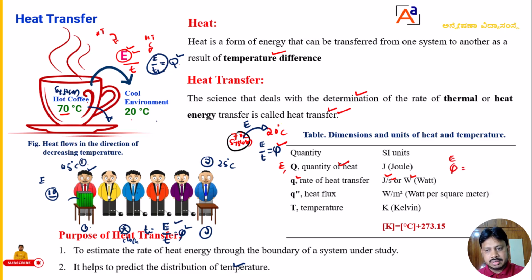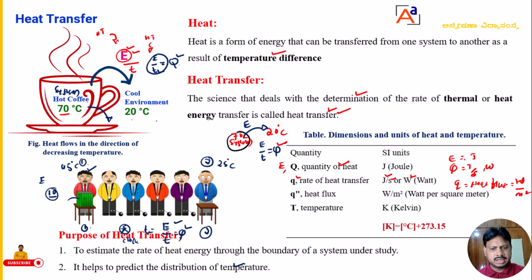Now what I will do, my notation: E is the energy, then Q is the rate of heat transfer per unit time, that is joules per second, or I can write it as watt. Energy is joules. Then I will take small q as heat flux. Heat flux is nothing but the rate of heat transfer per unit area, that is watt per meter square.